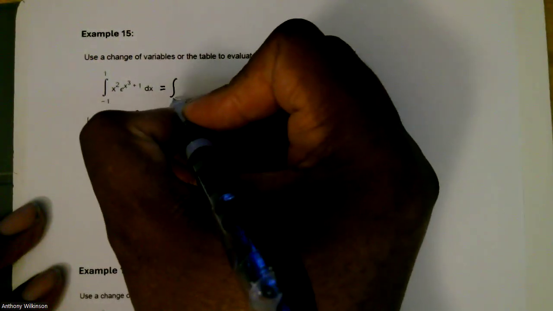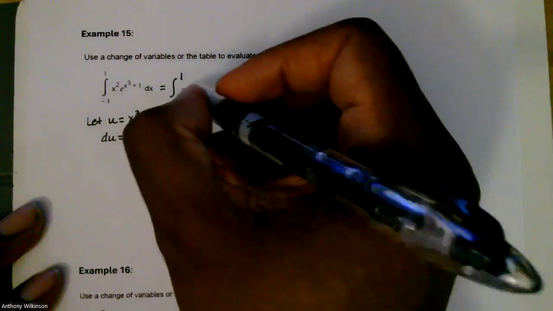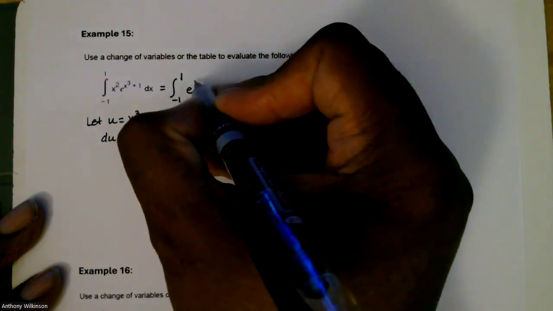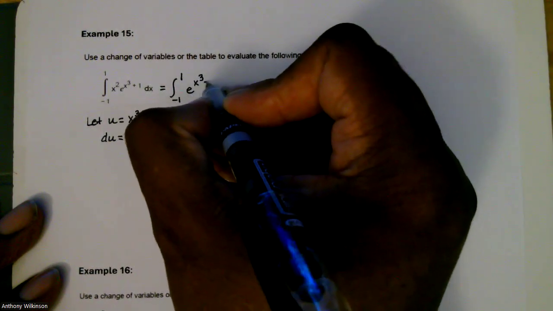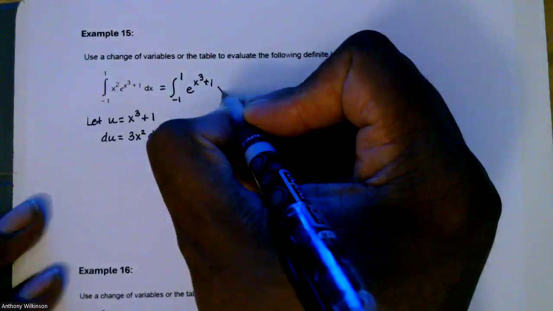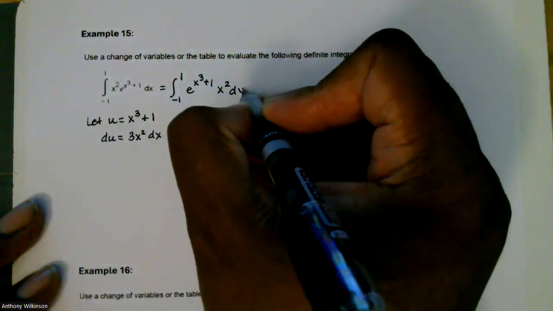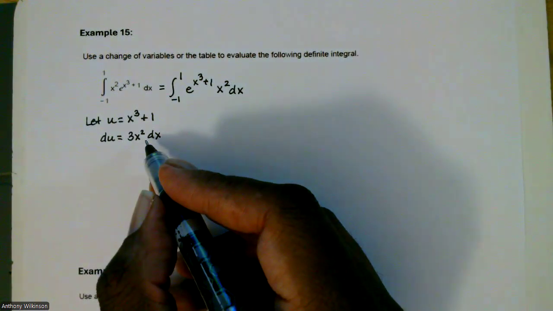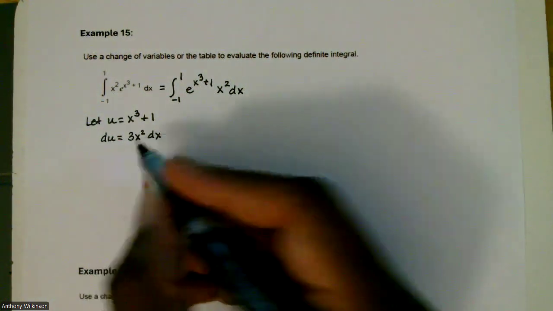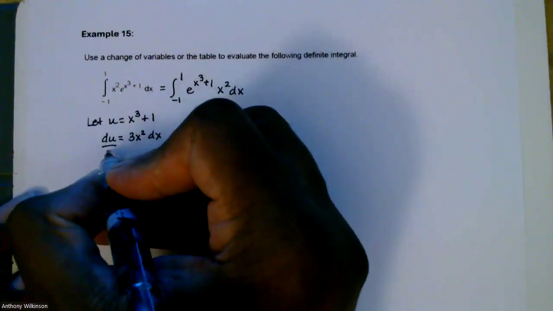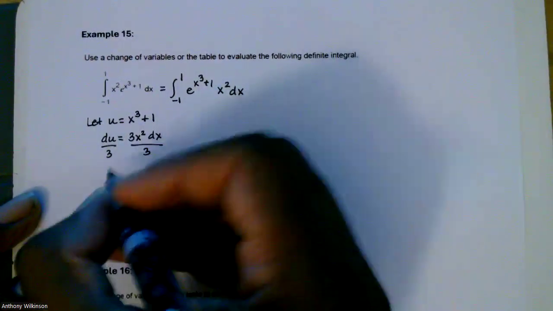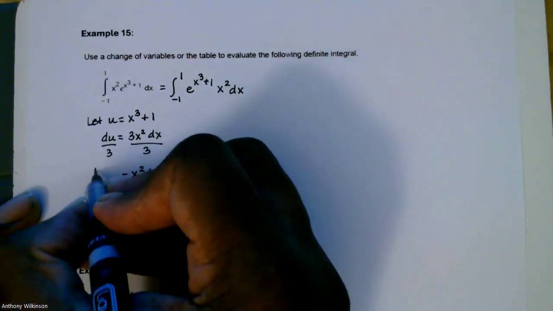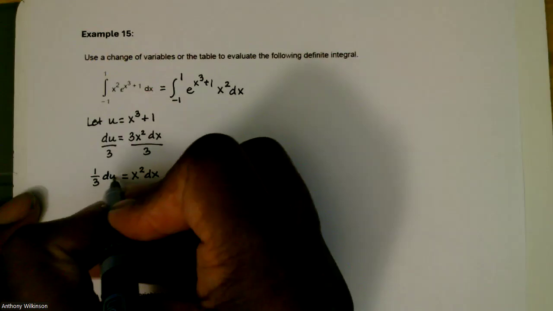And I'm going to rewrite this as the integral from negative 1 to 1 of e to the x cubed plus 1 in front, and behind it would be x squared dx. So here I need to get x squared dx by itself so I can do the substitution. It's being multiplied by 3, so I need to divide both sides by 3. So that means x squared dx is equal to 1/3 du.